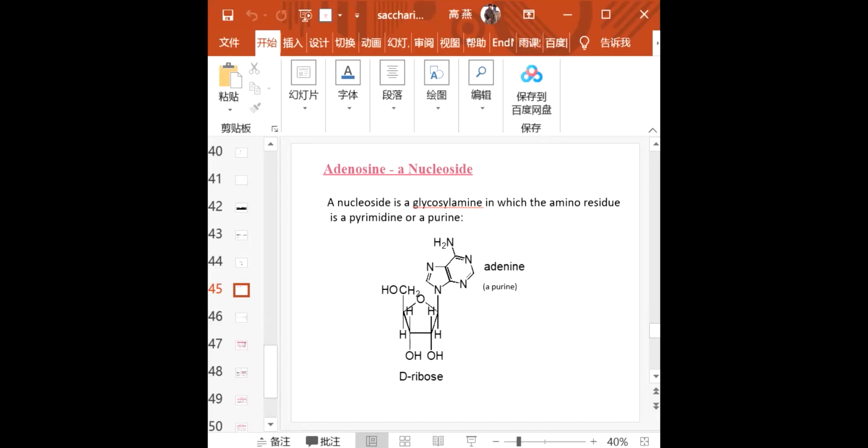The sugar part is the same, it's all ribose, okay? And the base parts are different. So there are basically 4 types of bases, A, T, C, G. And this is a ribose nucleoside. If it's deoxyribose, then they constitute our genetic material, DNA, right?